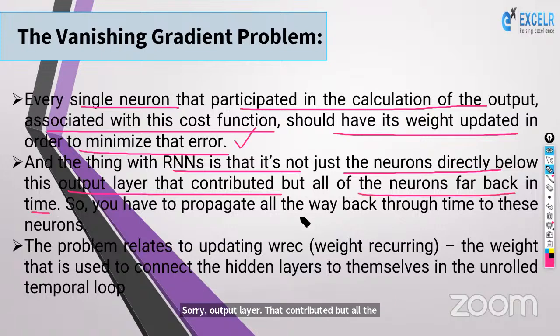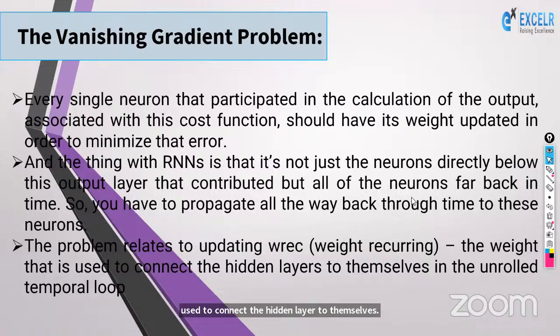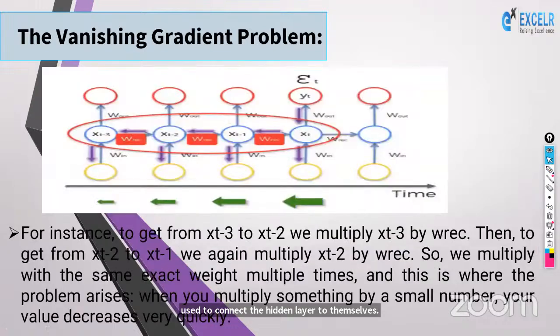That means all the neurons towards the input layer. All those values will get updated. So the problem leads to updating the recurring weight, the weight that is used to connect the hidden layer to themselves. So this is the issue.